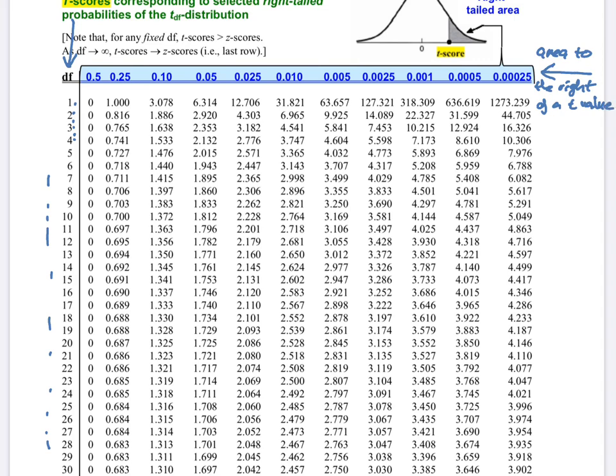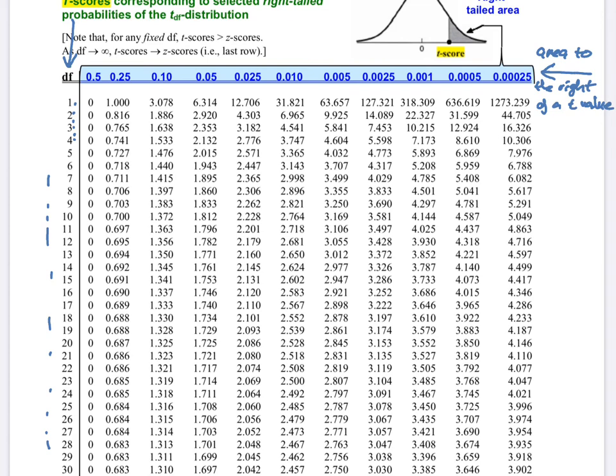So given an area to the right of the t-score and given a degrees of freedom, you can go ahead and find the appropriate t value that you want to use.